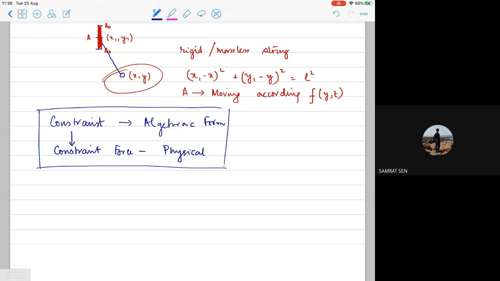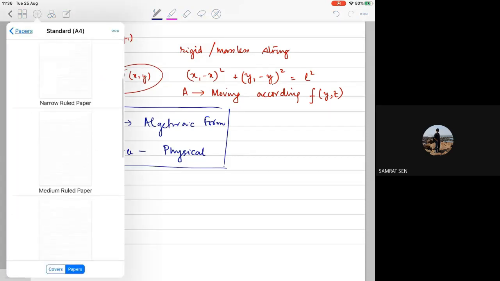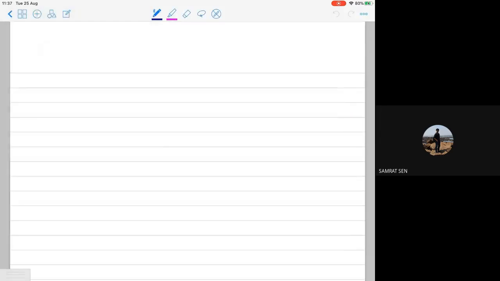Okay. So if you keep these things in mind, then let's look at the following. Let's look at a particle which is free to move in 3 dimensions.